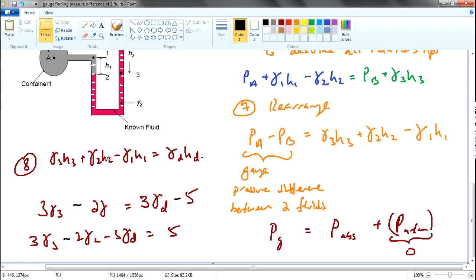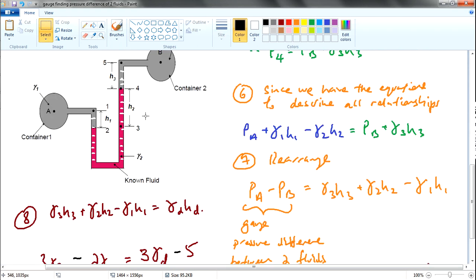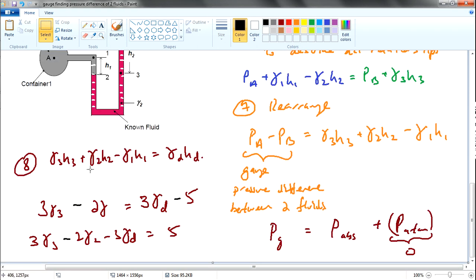This is minus 5, this is 5, because rho 2 H2 is a known fluid, we know our density, we know our height. So we can know a numeric value for this. And then we just bring this over and we bring this difference in pressure over here.